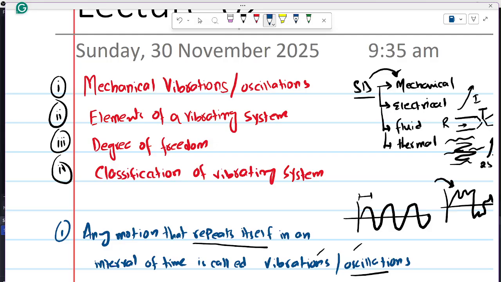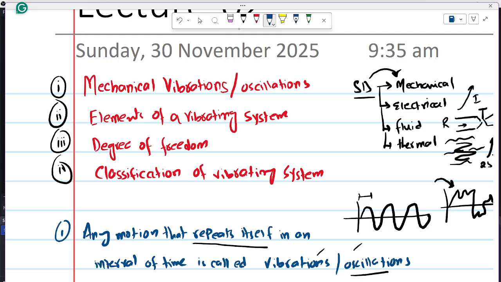So in the initial lectures, our main focus will be to identify the system, its degree of freedom, its independent coordinates, and to formulate the mathematical model. And as we reach towards the mid semester, our main focus will be to perform the solution of those mathematical models using different techniques based on our aim there.